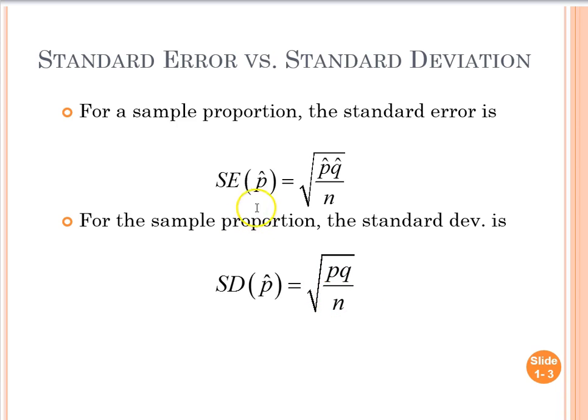The standard error, however, uses the sample proportion of success and the sample proportion of failure to get at the amount of variation. Again, because this is just an estimate of the standard deviation, it's called the standard error. This is what we use when we don't know that true proportion. And that's what we're going to use to construct our confidence intervals.